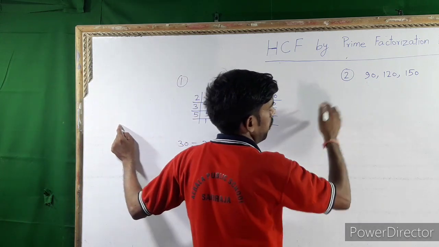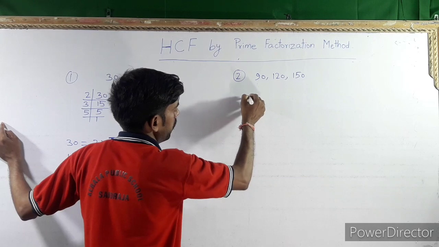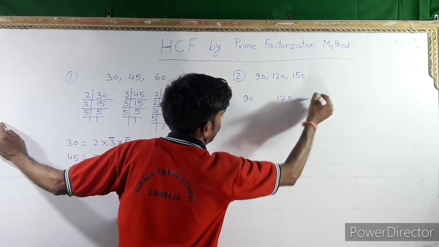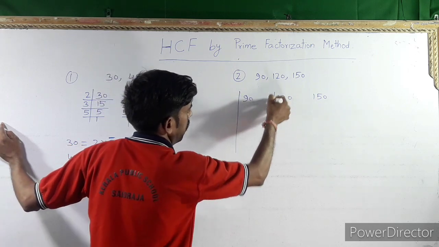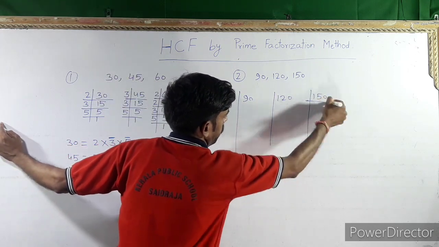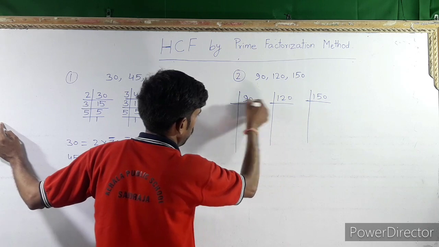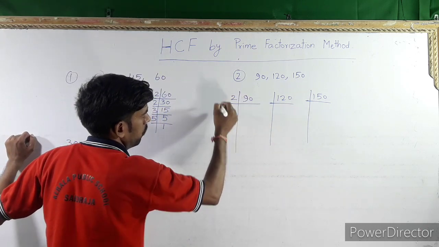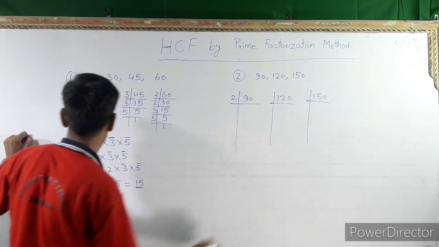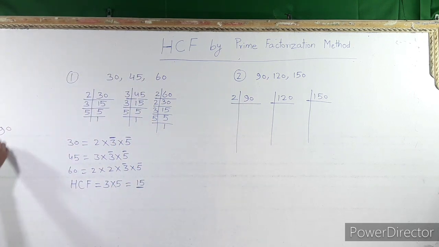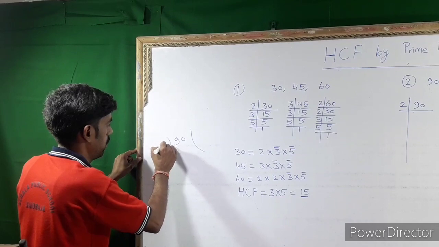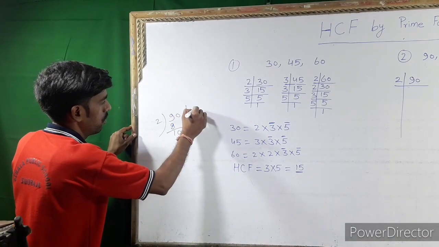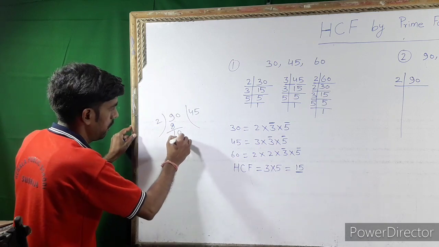Now second example: 90, 120 and 150. 90 is divisible by 2. 2 fours are 8, 10, 2 fives are 10.